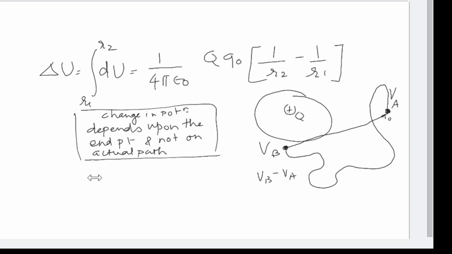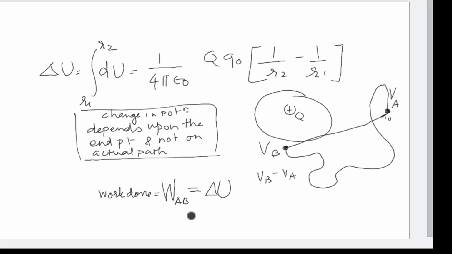So work done, whenever you are telling, it is from A to B. Now we will write work done, denoted by W, and from A to B you are displacing the charge, so it will be WAB, and that work done is nothing but the change in potential energy.